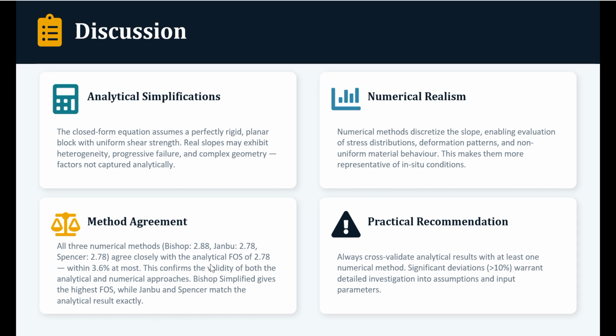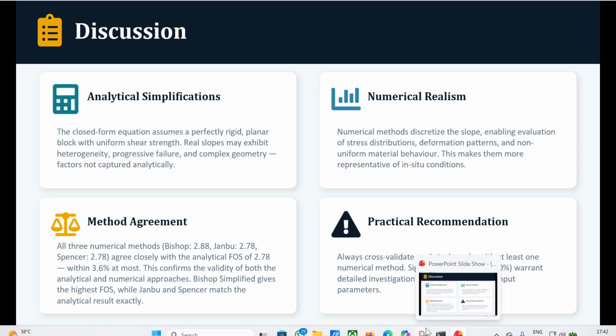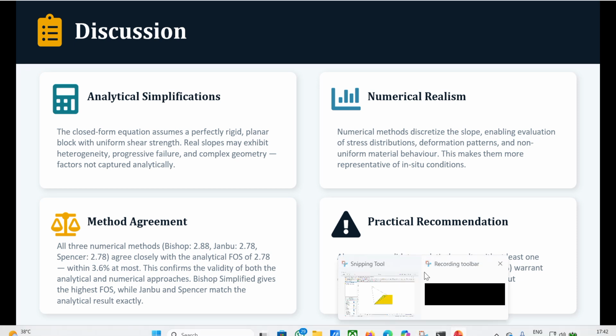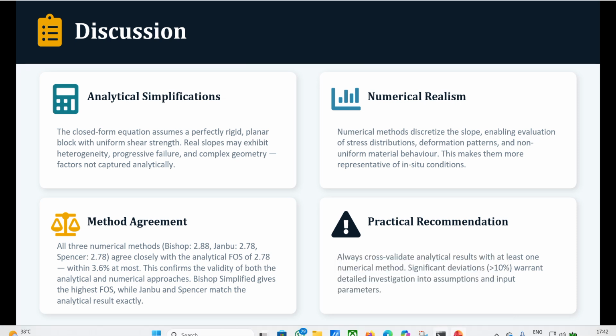And in the three methods the difference is 3.6%. Up to 10% we can accept, no problem with that. If the difference between analytical and numerical is more than 10%, the validation is not correct, so we have to do it again. That's why we are saying this here.